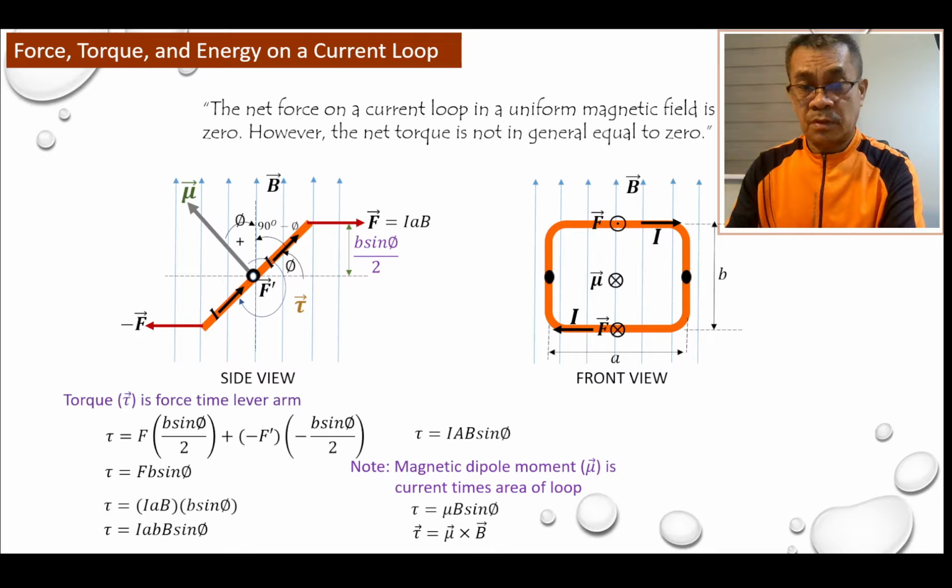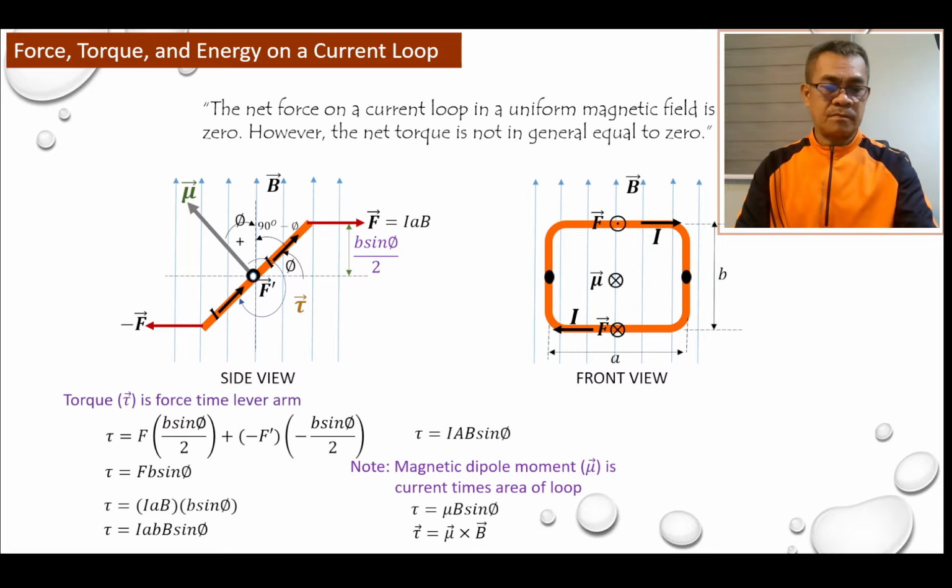Now, if you have current and you have the loop conductor, then there is always a magnetic dipole moment, which means even if we don't have the external field, we still have the dipole moment. Why? Because the dipole moment depends only on the current and the area of the loop conductor. Okay, so we are done with the torque.